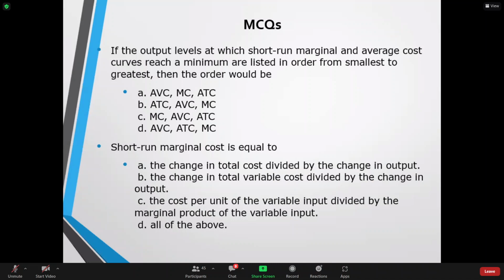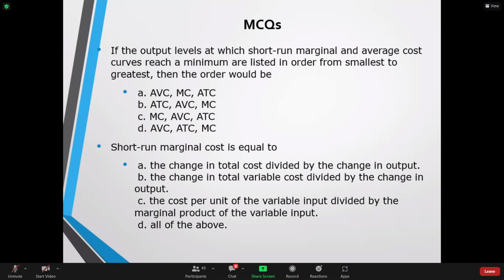What is the C? The cost per unit of variable input divided by the marginal product of the variable input. Cost per unit of variable input, that is, variable input is labor, no? So that is cost divided by variable input is labor.